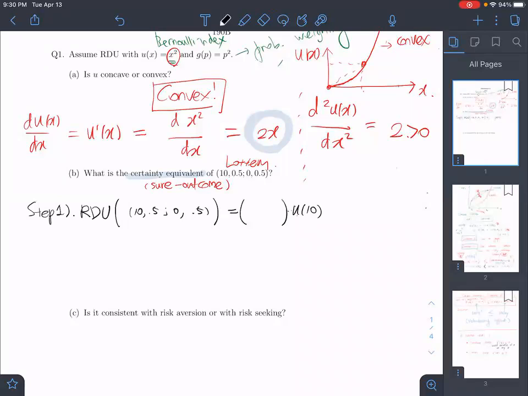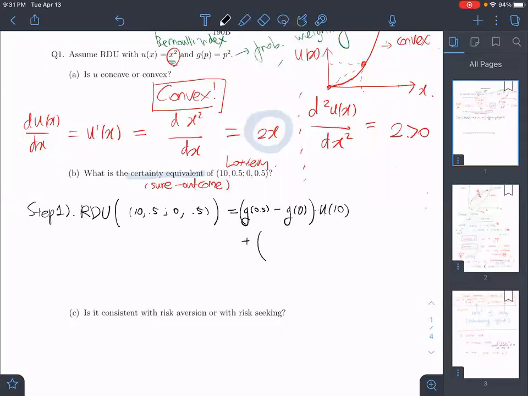So the outcome that is weakly better than 10 is 10, only one outcome. So we need to apply G of 0.5 minus, a little bit here, now there's no outcome that is strictly better than 10. So we have G of 0 here.